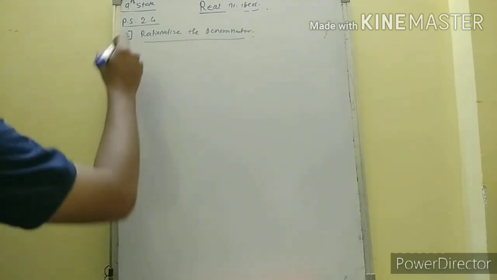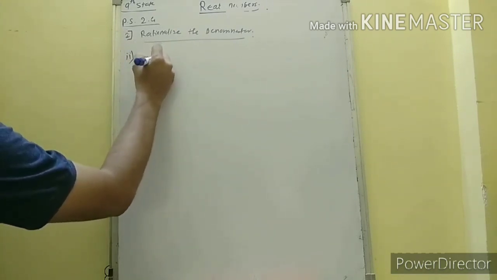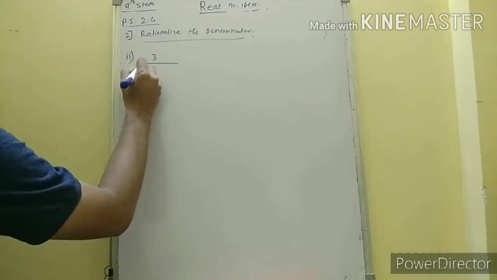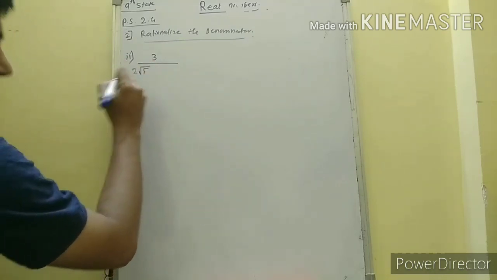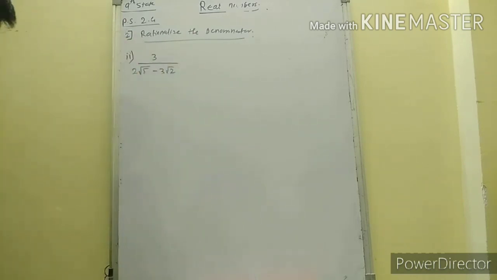Okay, what is the second one? 3 upon 2 square root of 5 minus 3 square root of 2.